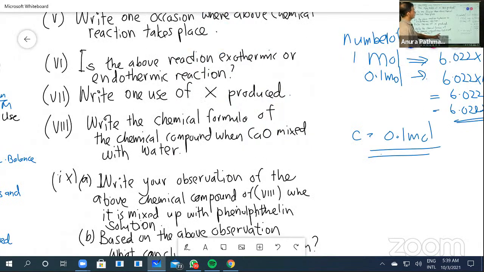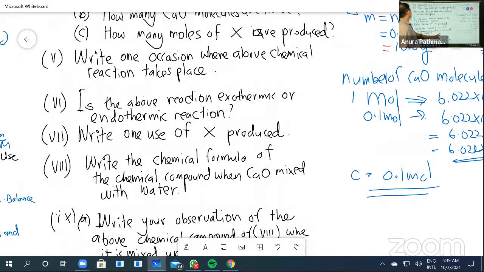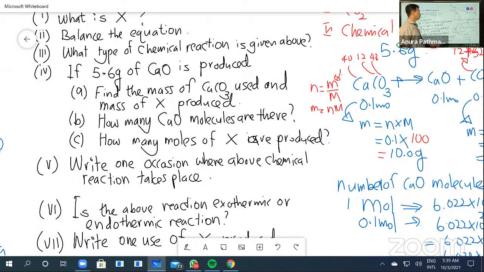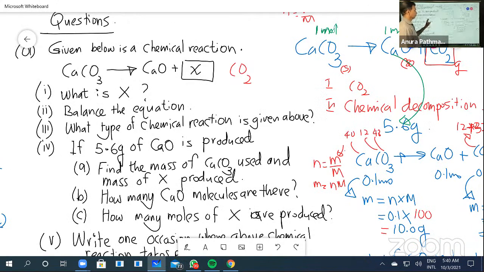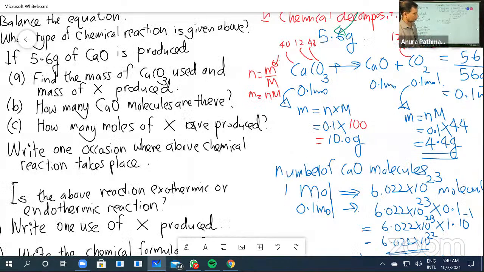My next question: write one occasion where the above chemical reaction takes place. Of course, grade 10 you can't answer that one, but grade 11 you can. Where can you see this chemical reaction?